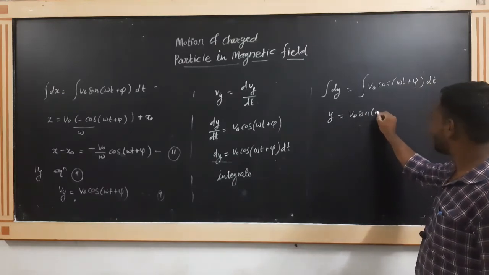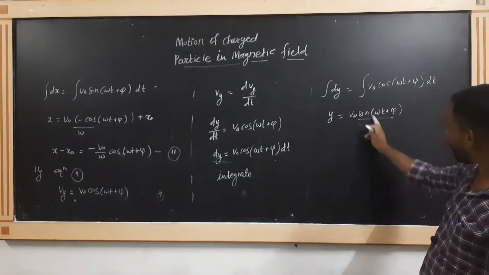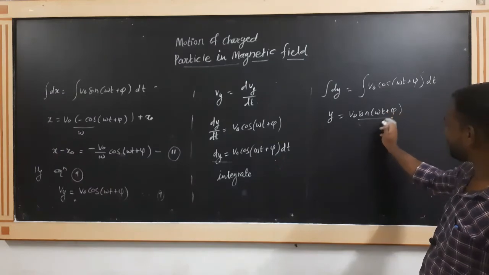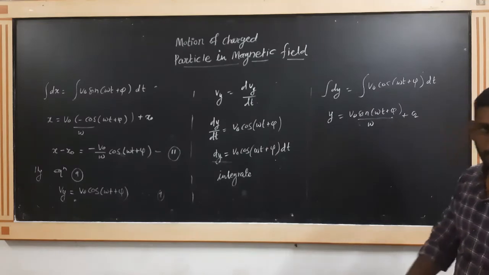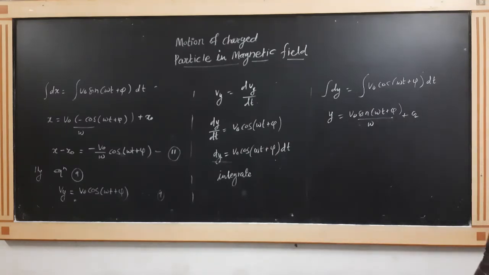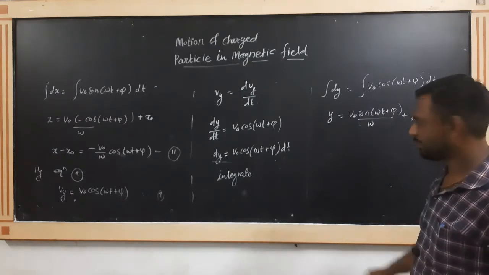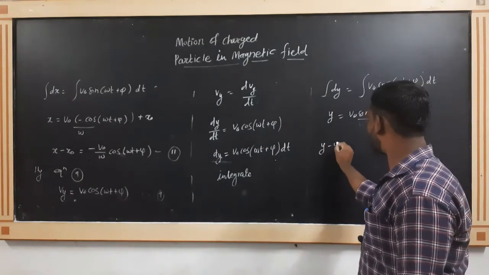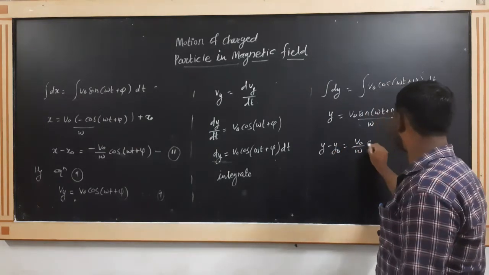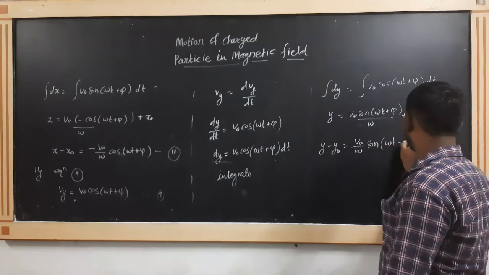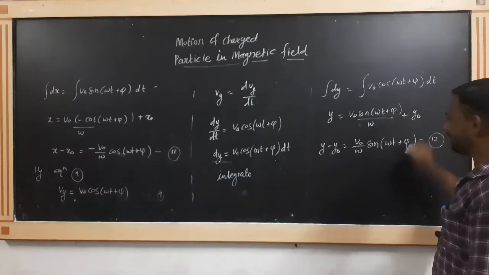Sine of omega t plus phi divided by the derivative of the innermost term, and the derivative of omega t plus phi comes out to be omega, plus some constant of integration c2. After substituting the initial boundary condition, this c2 comes out to be y0. So y minus y0 is v0 upon omega sine of omega t plus phi. This is equation number, let's say, 12.